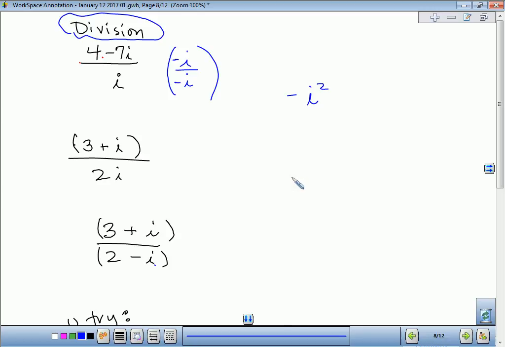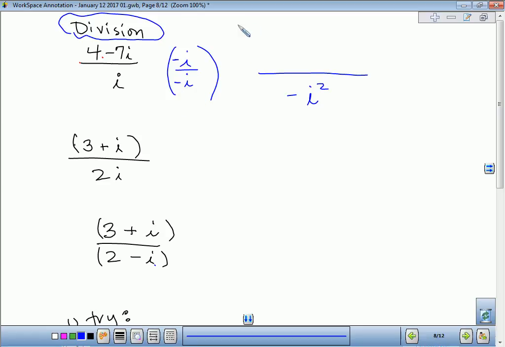Positive 1. So negative i squared is going to give us that positive 1 in the denominator. We want the denominator to be positive. We would never leave a fraction with a negative denominator. So it's best to multiply by its conjugate.